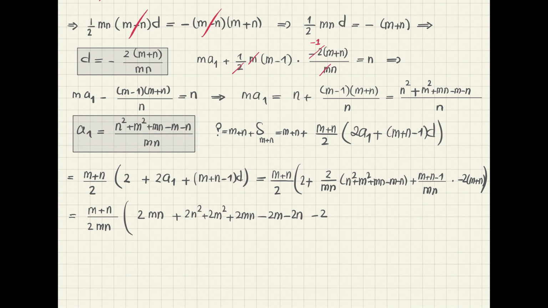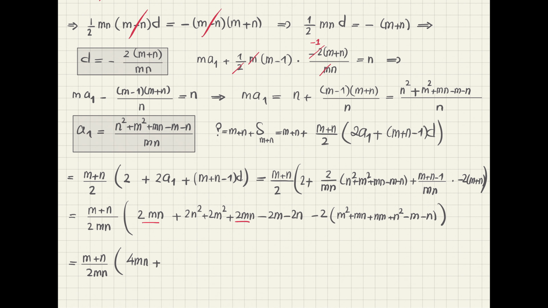So it becomes m squared plus mn plus nm plus n squared minus m minus n. Now, can I simplify things a little bit? Yes. So I have m plus n here divided by 2mn. So you see here that I have a 2mn here and a 2mn here, so it becomes 4mn.